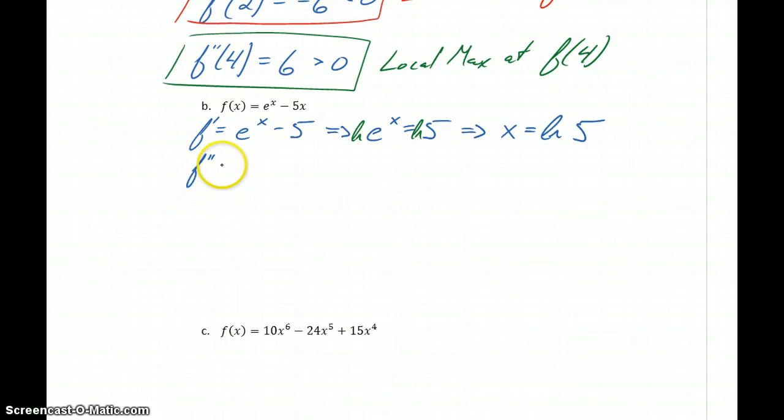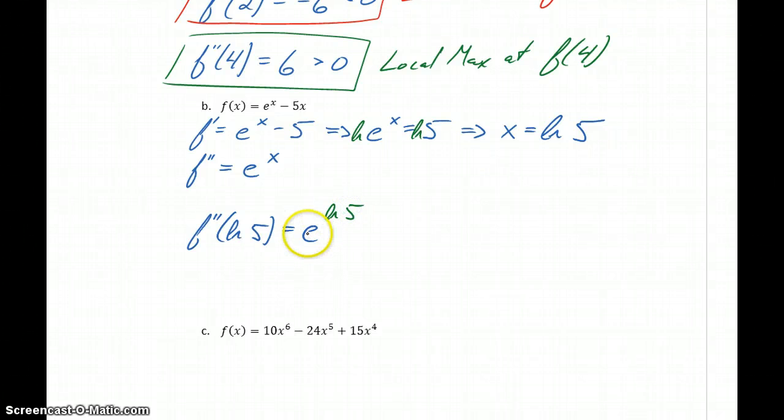So then we'll find the second derivative, which is just e to the x. So we only have one critical value to consider. So we'll take our second derivative and evaluate it at the natural log of 5, which will give us e to the natural log of 5. So e and natural log always cancel each other out.